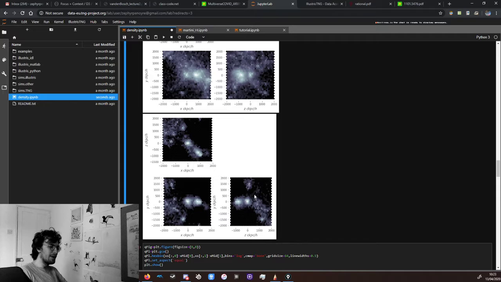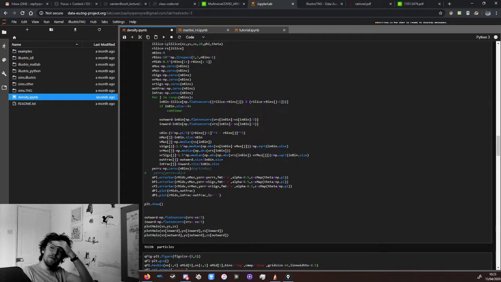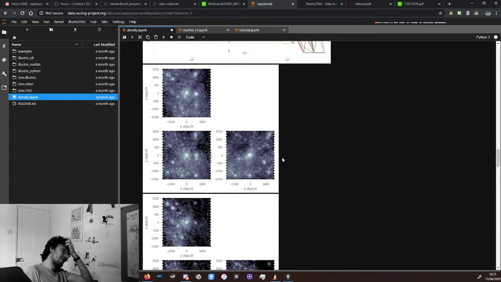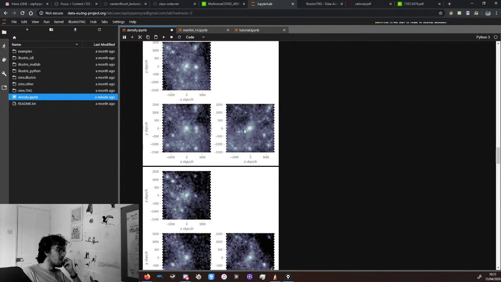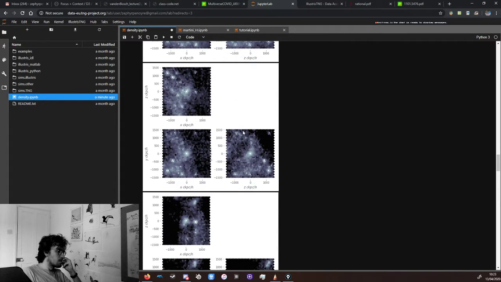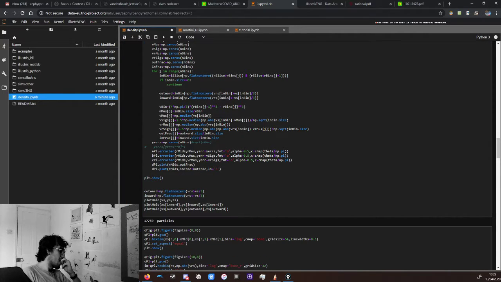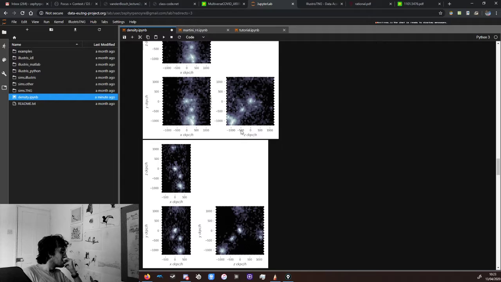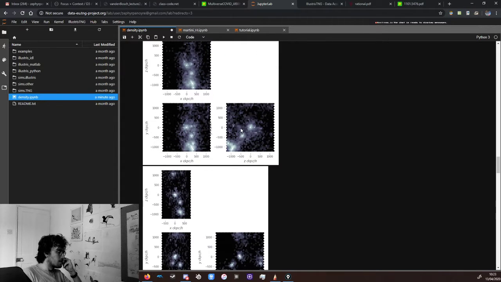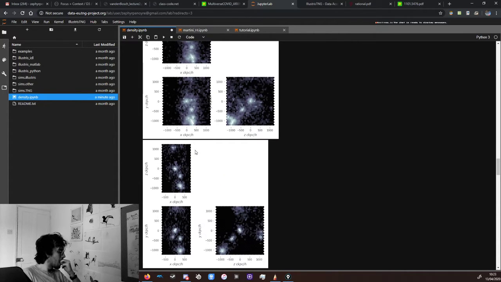God, I'm so impressed with it being this clean. Good on you, universe, but apparently it can be not clean if there are large scale flows. And look at it, all the stuff out here disappears.